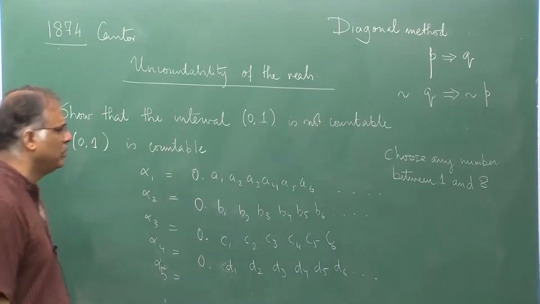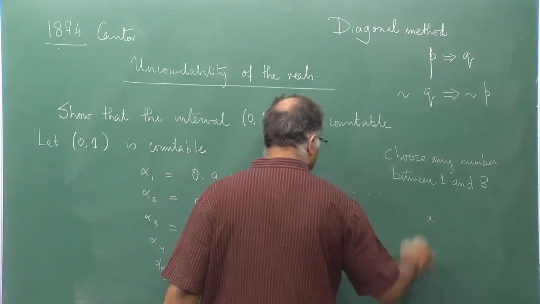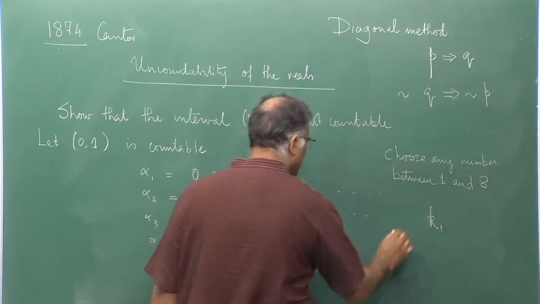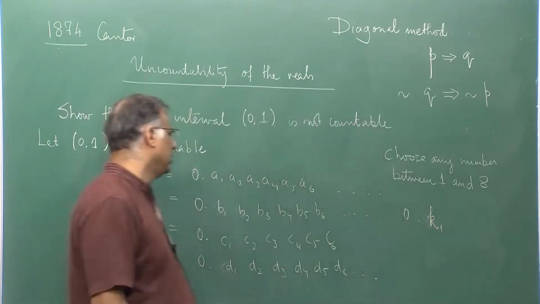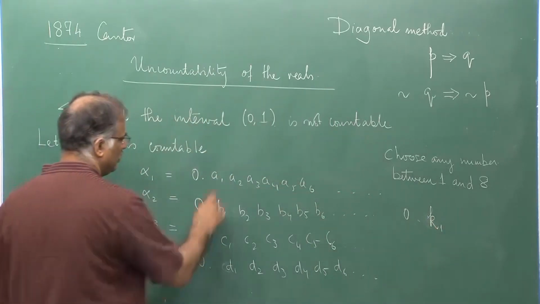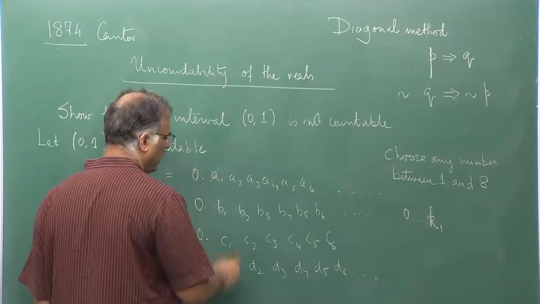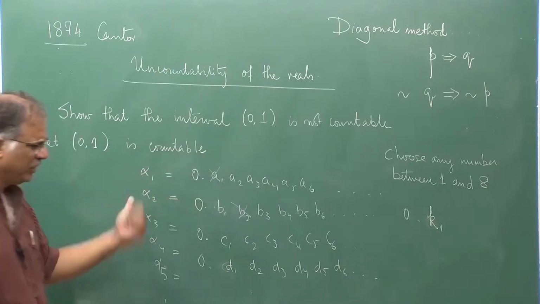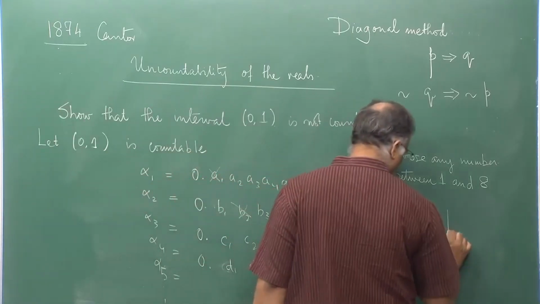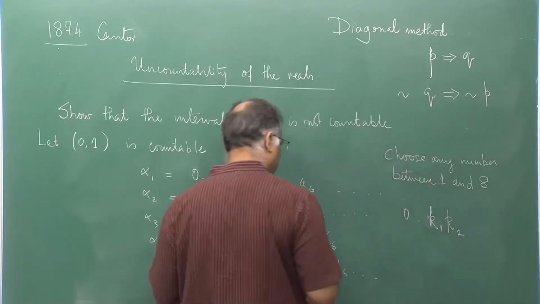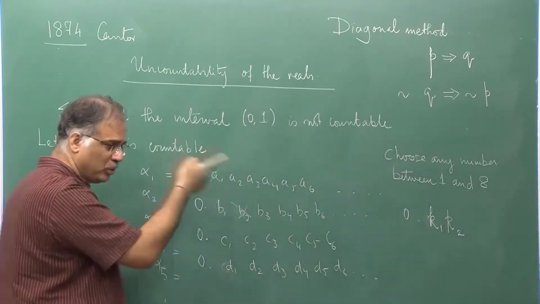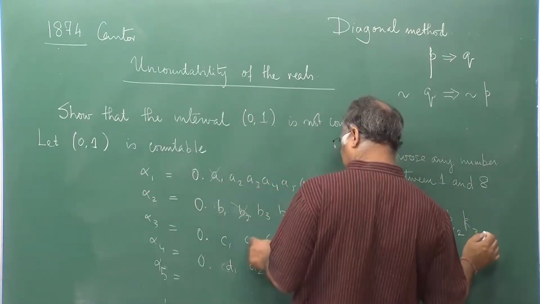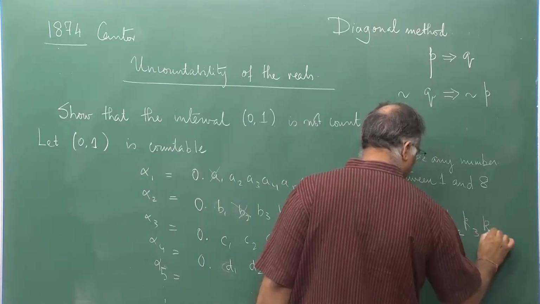So you put down that number, whatever it is, say some K1, so 0 point K1. So this goes. Now you come to B2. Do the same thing, choose any number between 1 and 8 which is different from B2 and put it there. And so you do for the rest. Do for this, do for that, and so on and so forth.